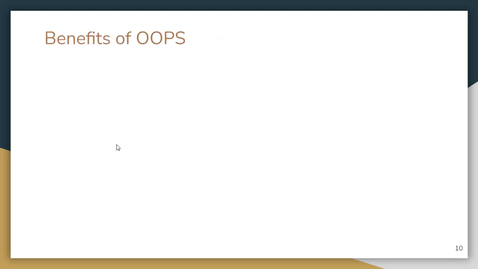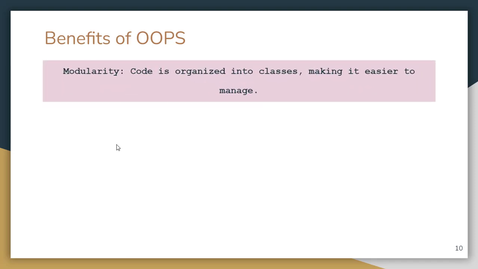Next, benefits of OOPS. OOPS has some benefits. Let's discuss all of them. Modularity: we can break a large program into small parts. Code is organized into classes, making it easier to manage.